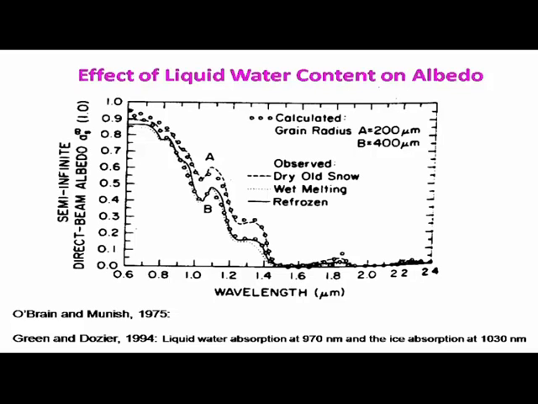So it shows that in this NIR region, the decrease in the reflectance is not by the wetness, but by the increase in the grain size.